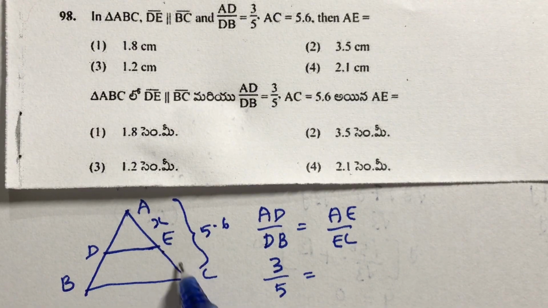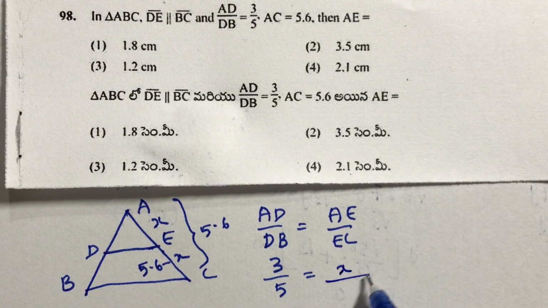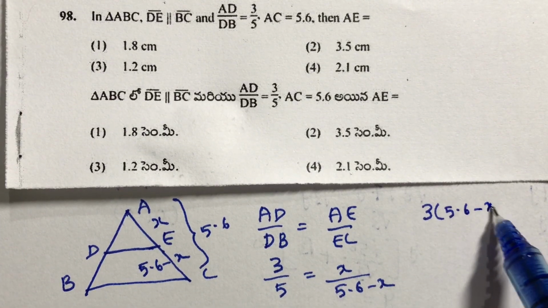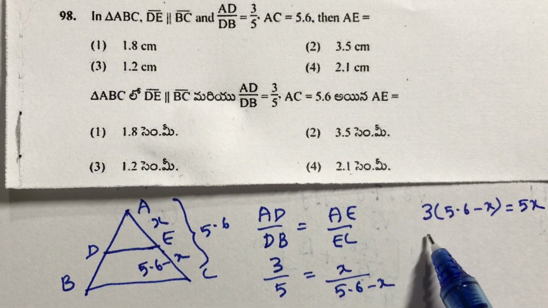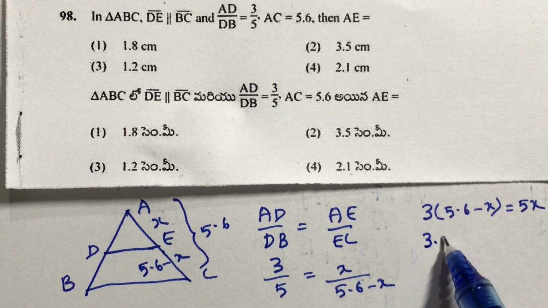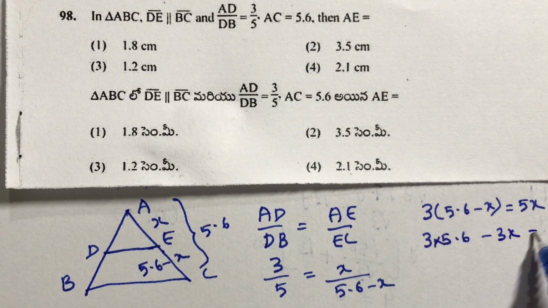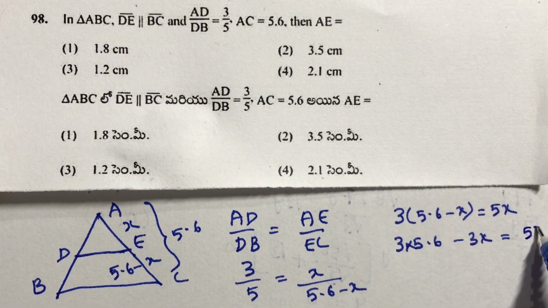So this EC value will be 5.6 minus x. So AE by EC is x by 5.6 minus x. So if we cross multiply, 3 into 5.6 minus x equals 5x. So 3 into 5.6 minus 3x equals 5x.